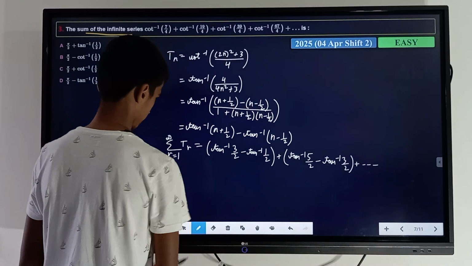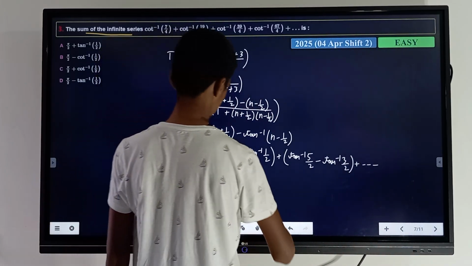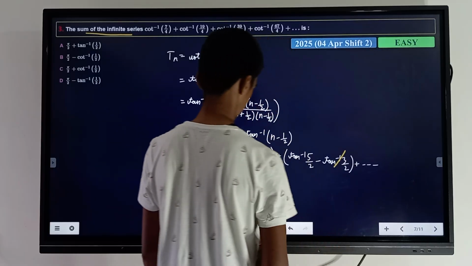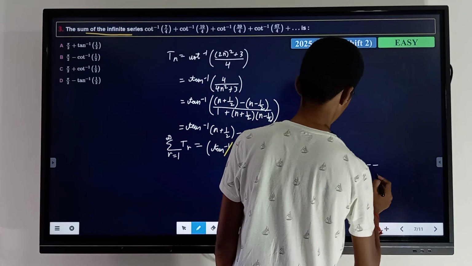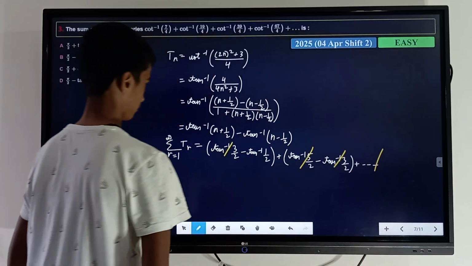So here these two will get cancelled and tan inverse 5 by 2 will be cancelled with the another tan, and so on.